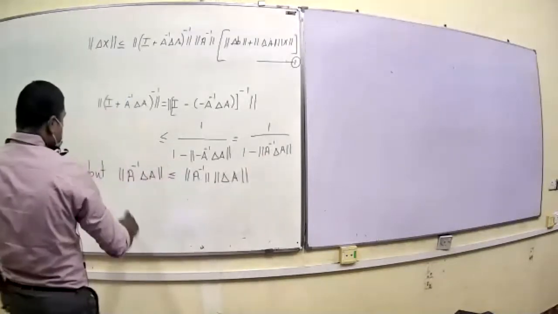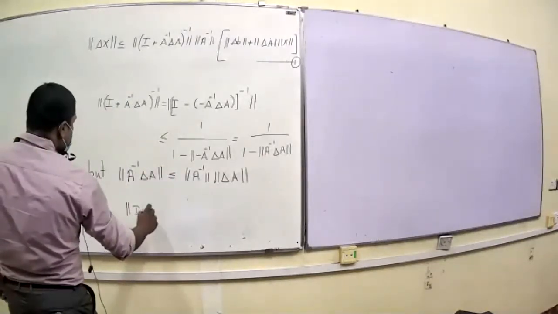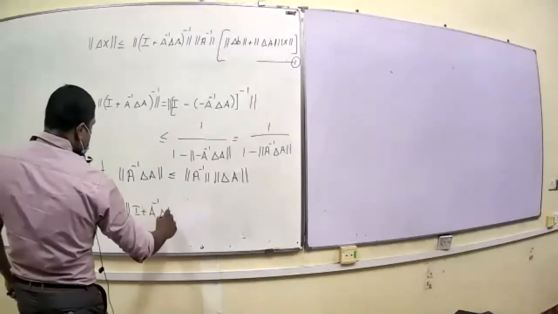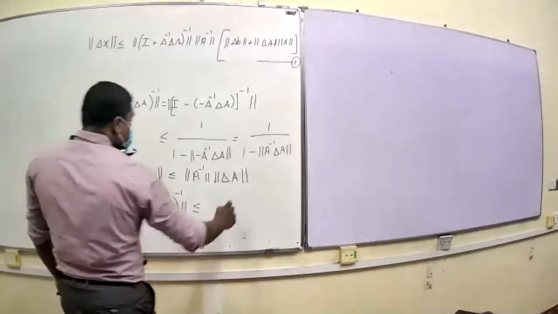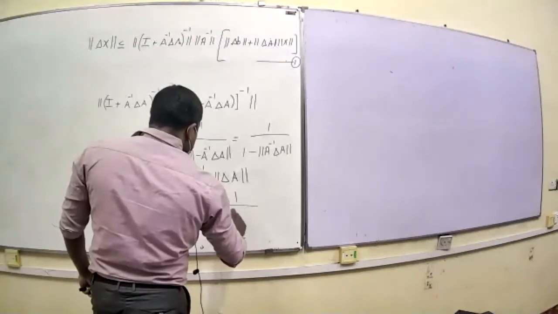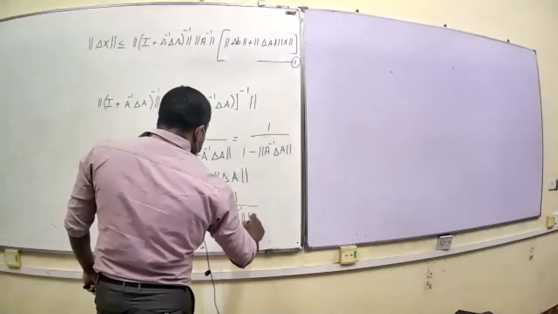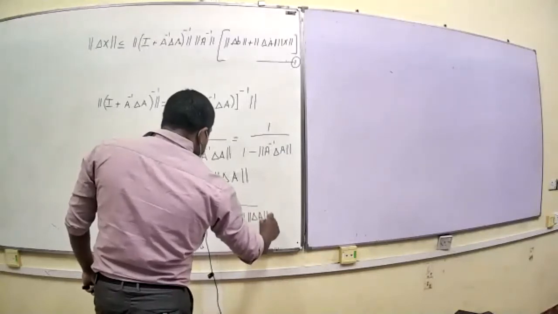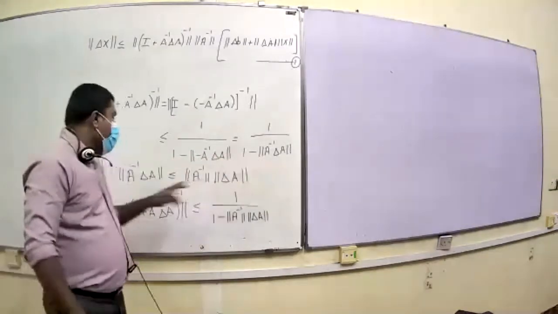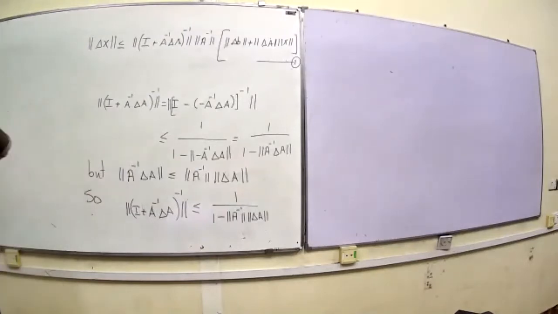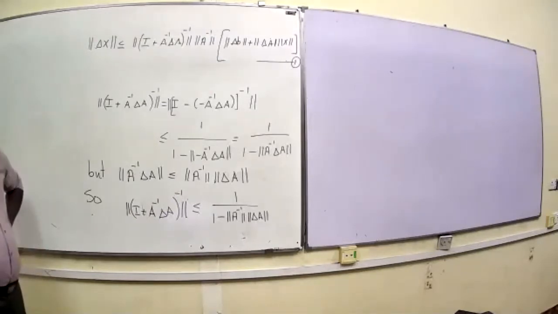So if you apply this inequality here, you get the norm of I plus A inverse delta A quantity inverse is less than or equal to 1 over 1 minus norm of A inverse times norm of delta A. So you will get this, right? So you apply this inequality here. So this means minus of that is the other way around, and 1 minus is the same, and then 1 upon that is again coming back this way.